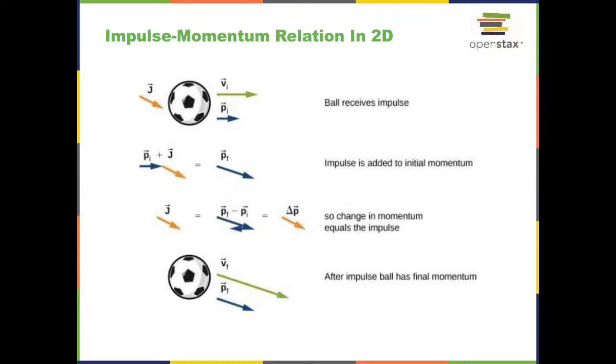So in this case, if we kick the ball downwards here, and there's already an initial momentum here, then that will give the ball a change in momentum that is equal to the impulse, and that will cause the final momentum to be larger in that direction.